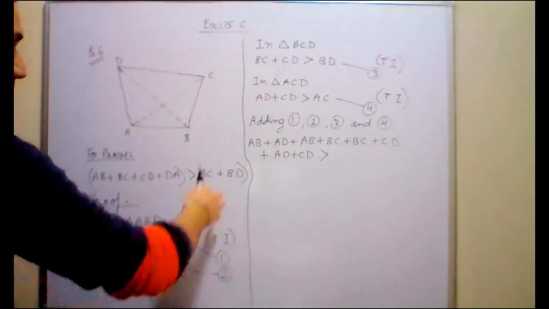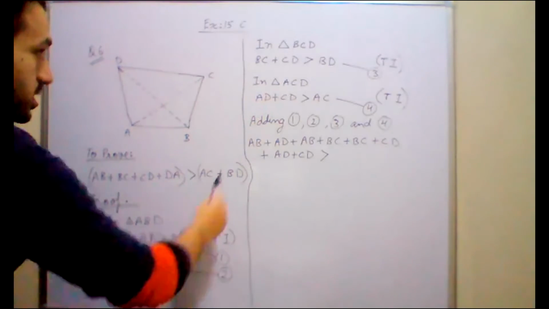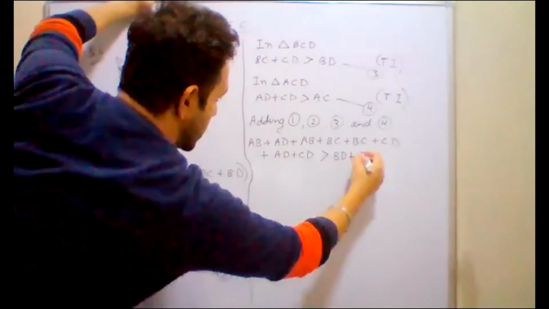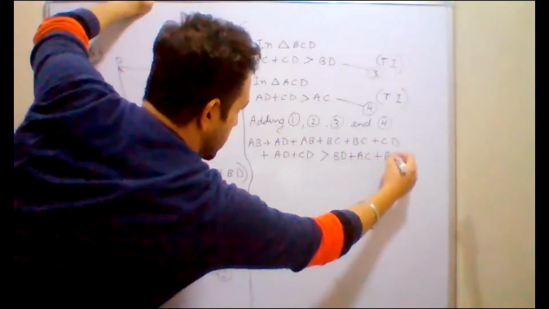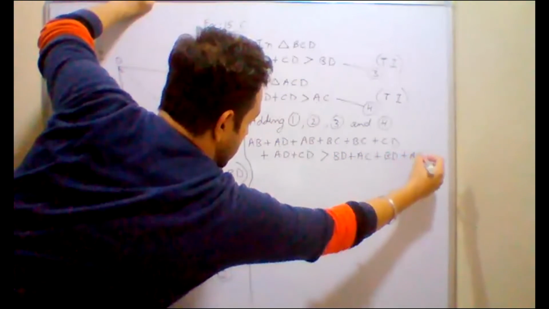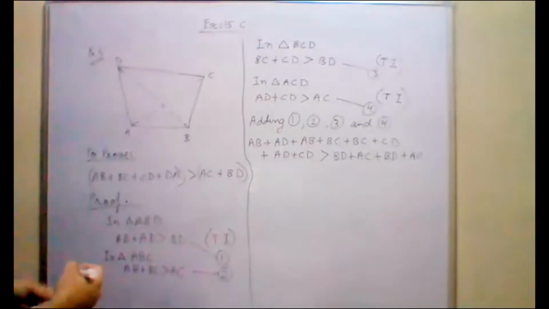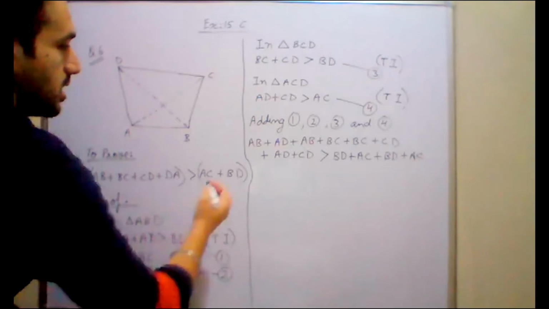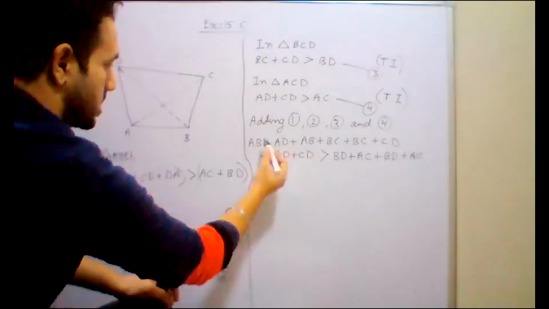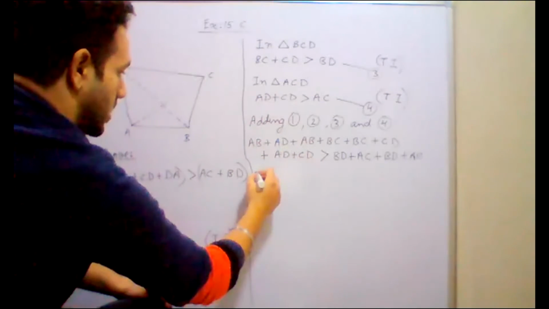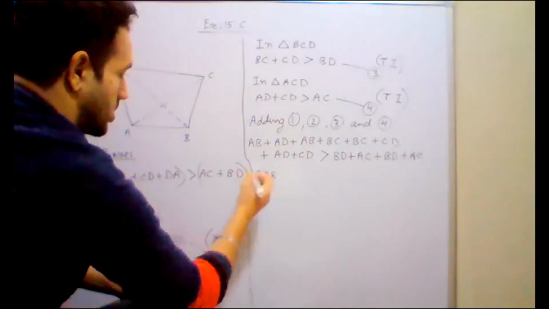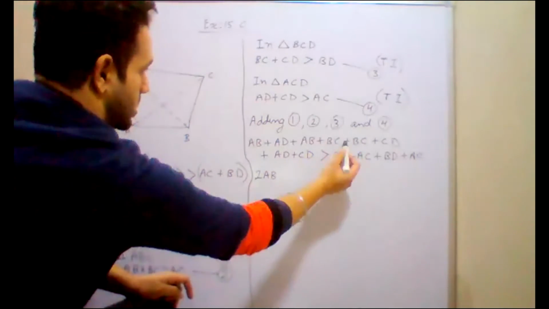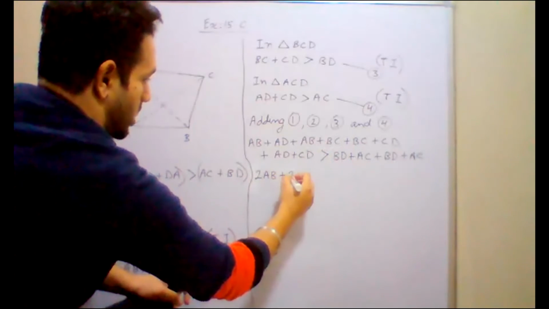Now we will add the RHS of all the four: BD plus AC plus BD plus AC. That means the RHS. Now, in the LHS, you can see AB plus AB is coming 2 times, so you can write this as 2AB. Similarly, BC plus BC is also 2 times, so 2BC.